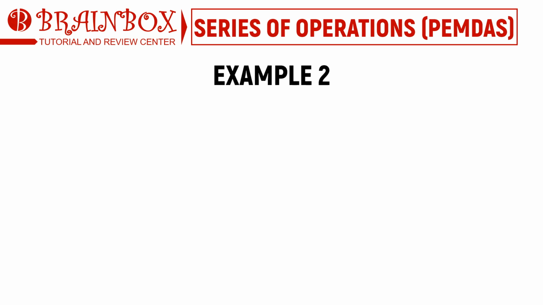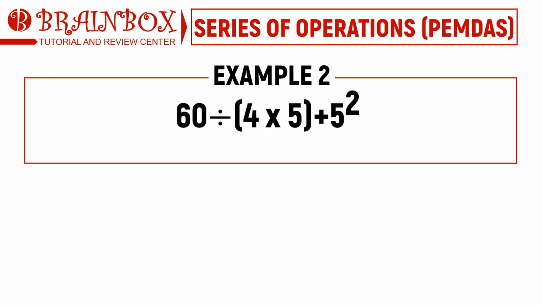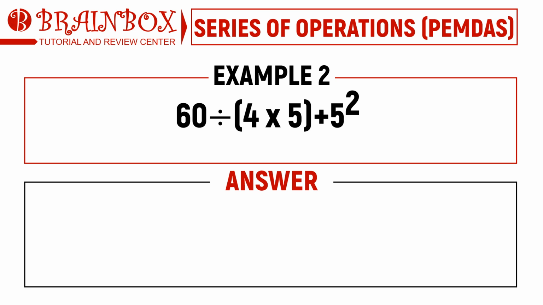Another example is as follows. After inspecting the given expression, we observe that the following are present: parentheses, exponent, division and addition. Let us solve this by applying the rules of PEMDAS.